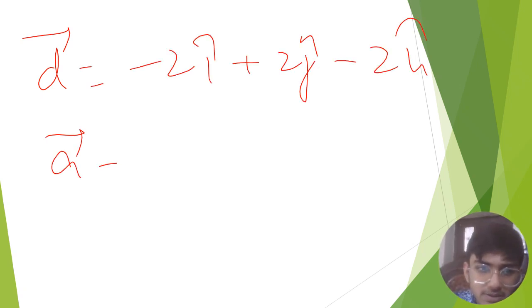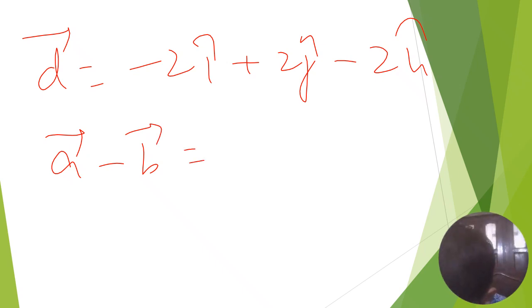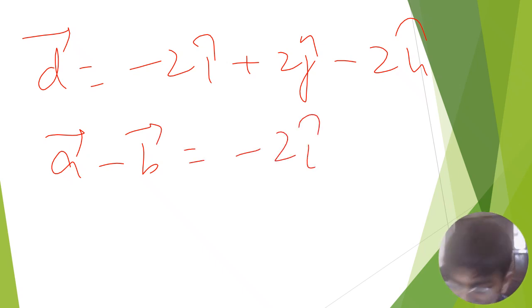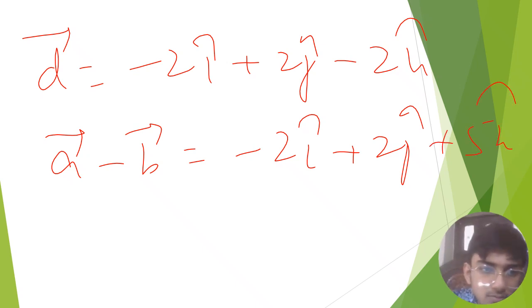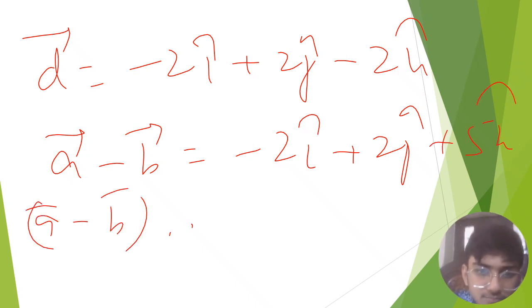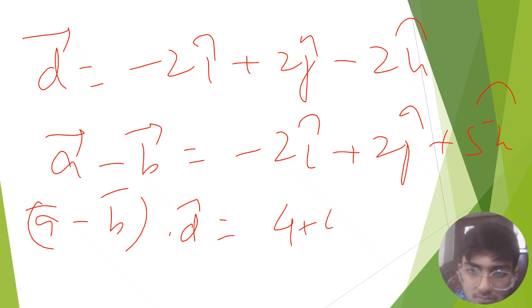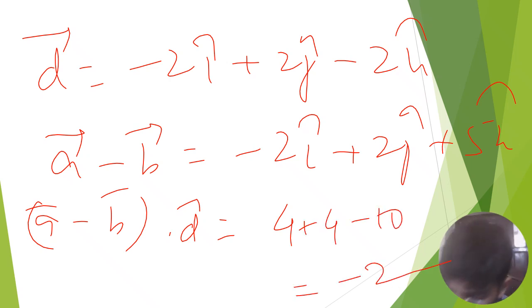And now A vector minus B vector. Let's compute this. It will be -2 i cap plus 2 j cap plus 5 k cap. Now this -2.